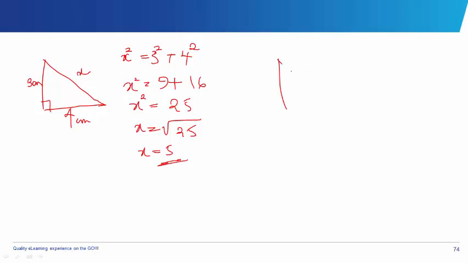Let's look at another example. We have a right angle triangle like this, where this side is 13 cm and this other side is 5 cm. We're told to find this side x. Pythagoras rule states that 5 squared plus x squared gives us 13 squared.